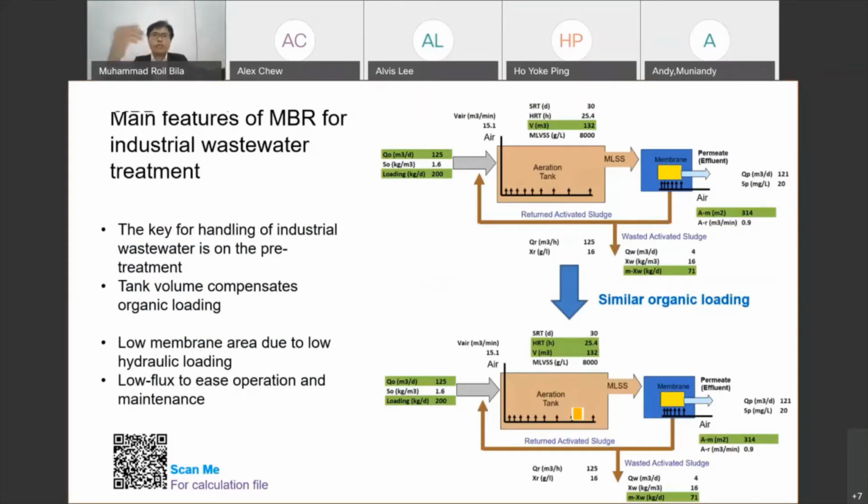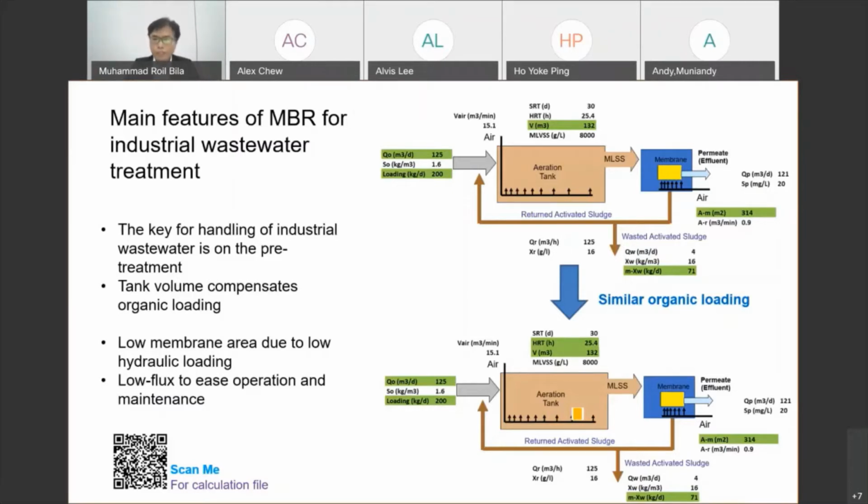So what is the main feature of MBR in industrial wastewater treatment? In my previous slide, I showed you the basic question. What happens if I convert my current tank into MBR, and you find out that you can increase the capacity by 30 to 40%, and you can reduce your sludge by almost half.